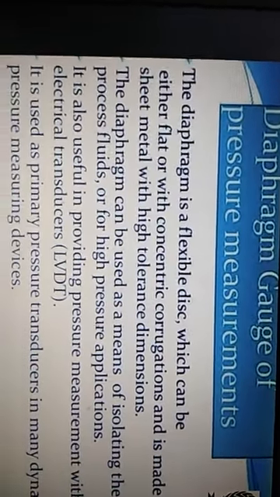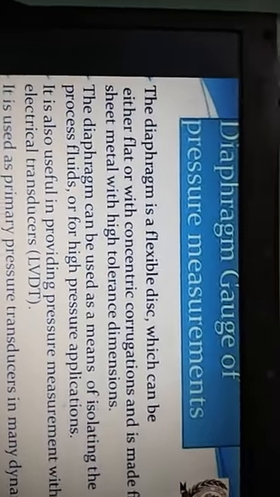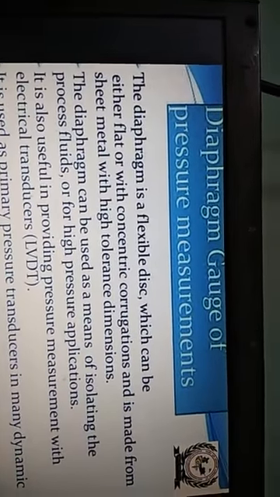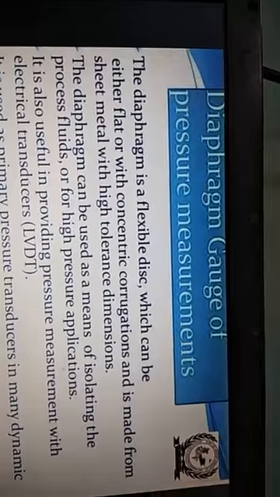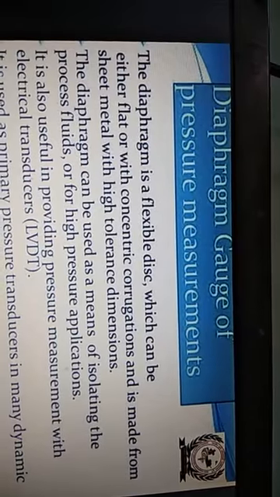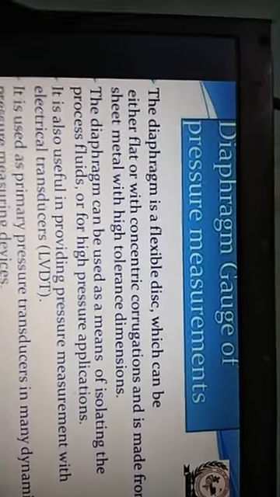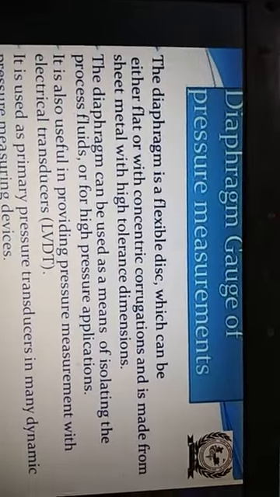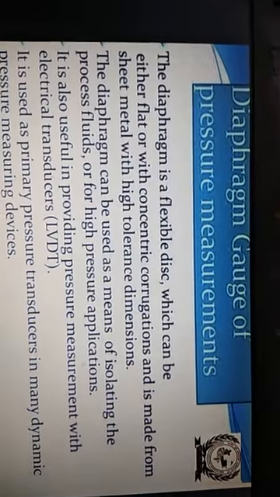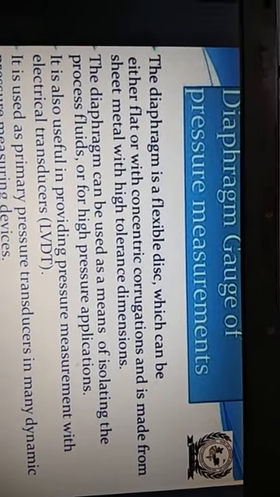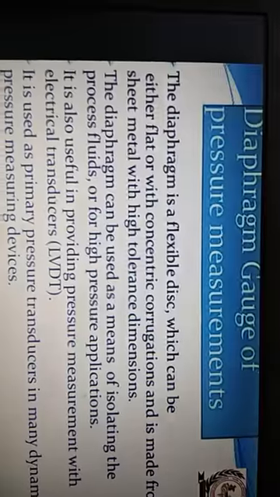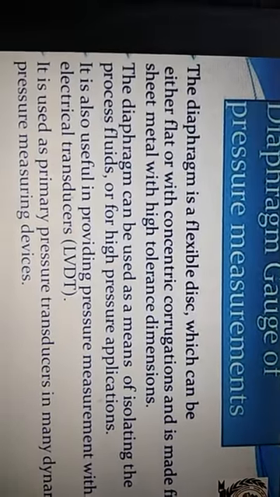Diaphragm gauge of pressure measurement. Like we have seen the pressure gauge for the measurement of pressure in the case of the bellows as well as in the case of other pressure measurement elements, similarly we will see the pressure gauge in the diaphragm, called the diaphragm gauge of pressure measurement.